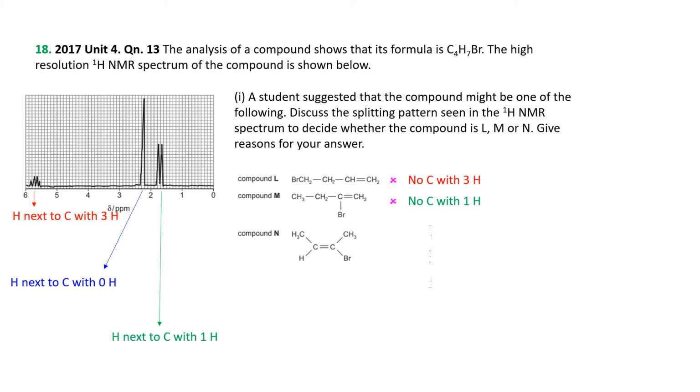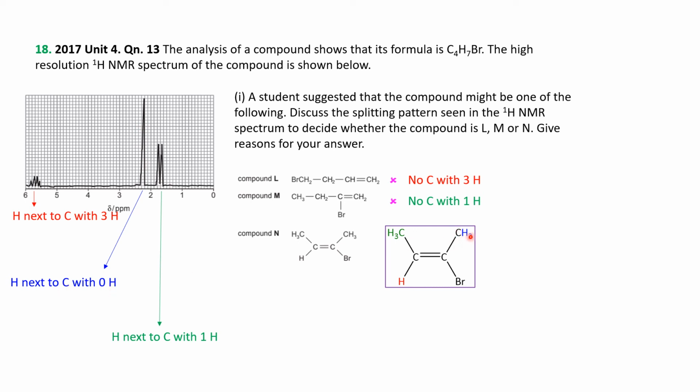So now let's look at N, just to make sure, and I've color coded it here. So we want a methyl group that's next to a hydrogen so that that hydrogen can be split into 4. Well, that's that red hydrogen that bonds to a carbon that's got the 3 hydrogens on it, these 3 hydrogens splitting that one. Then we've got to have hydrogens, quite a few of them, with that nice singlet next to a carbon with no hydrogens.